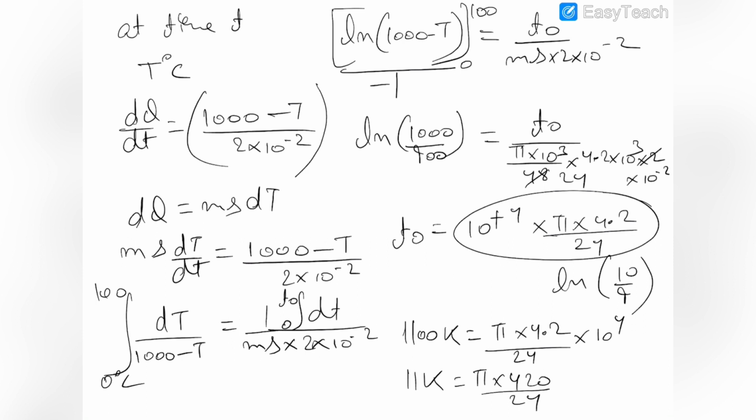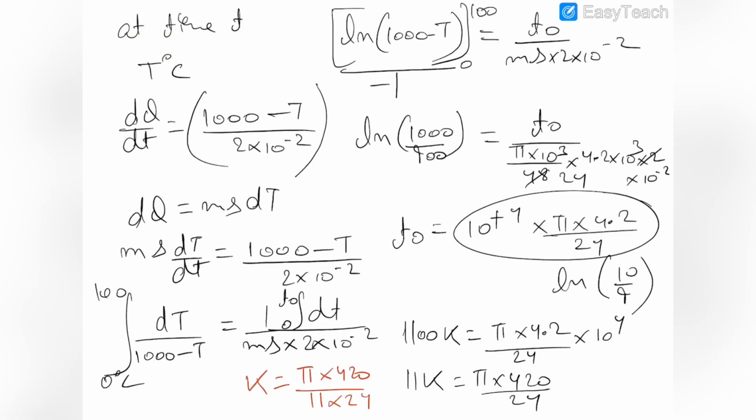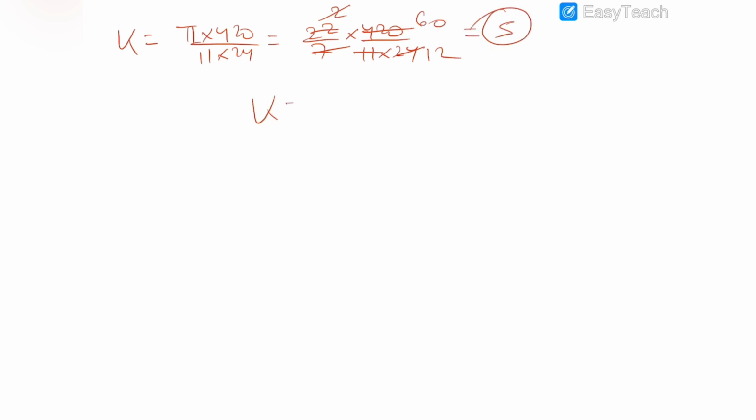So the value of k will be equal to pi into 420 divided by 11 into 24, and if we substitute the value of pi as 22 by 7, you can see that this is 2, this is 12, and this is 60, and this will be 5. So the value of k will be 5.